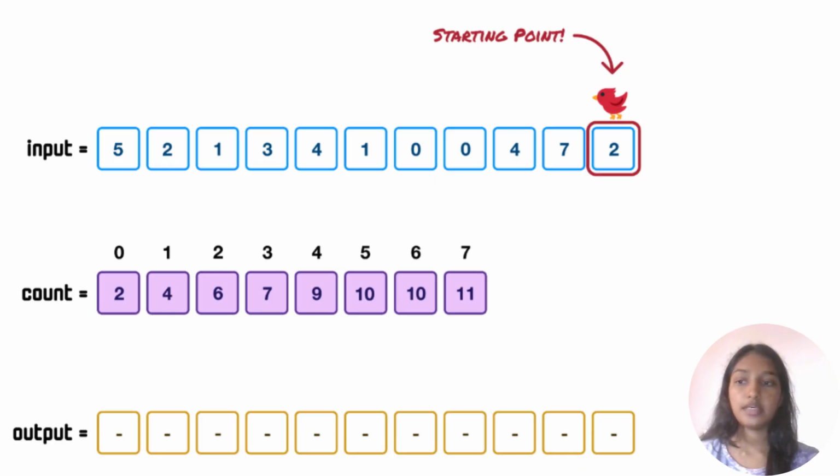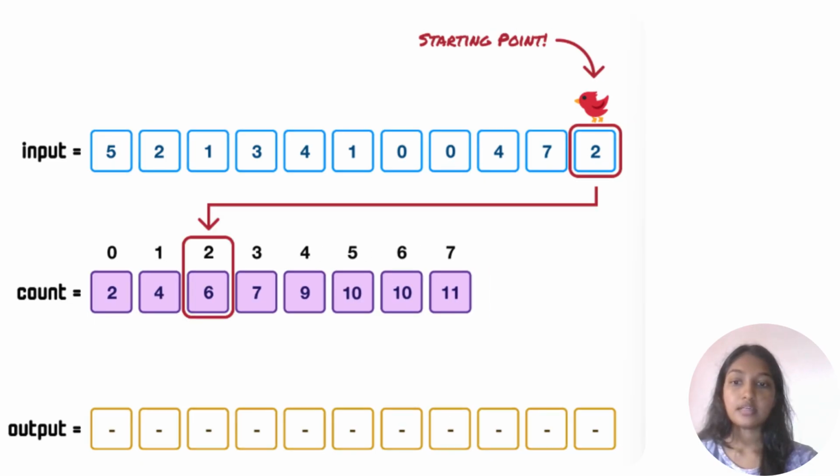So as you can see, we use this 2 value as the key or the index position in an array to find the corresponding value in our count array. The value at the position indicated by the 2 value is 6.